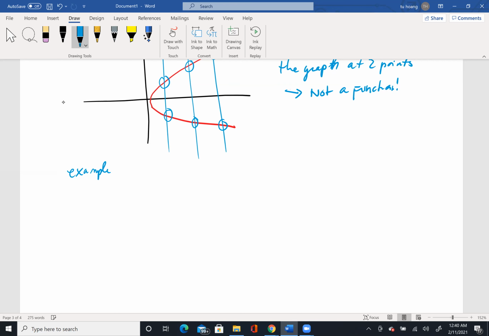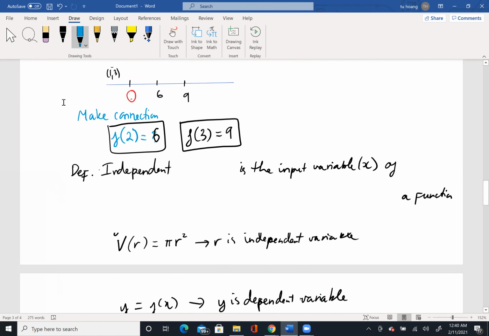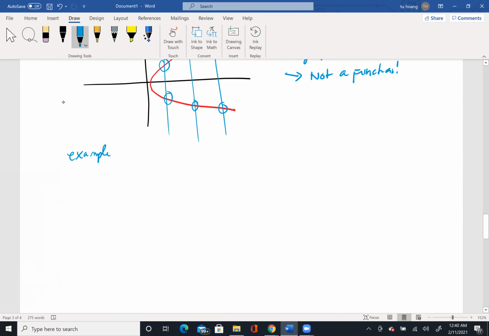Example 4. Evaluate function f(x) at the given value of x.